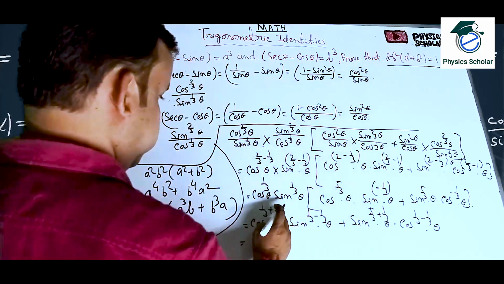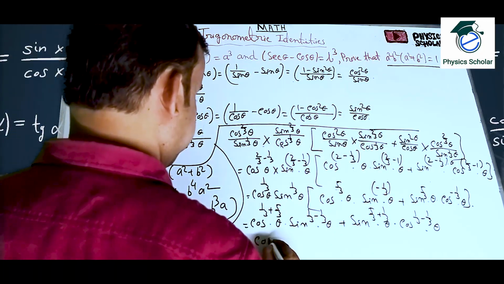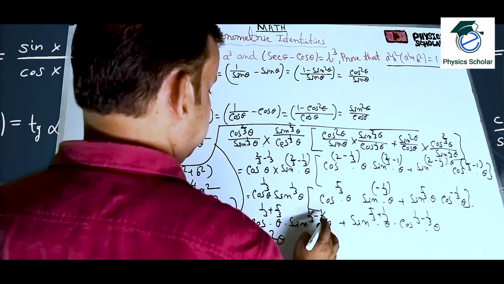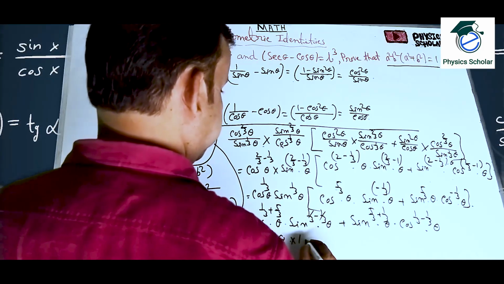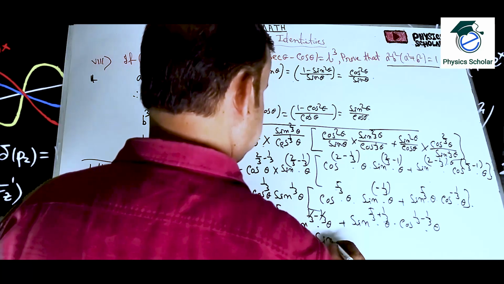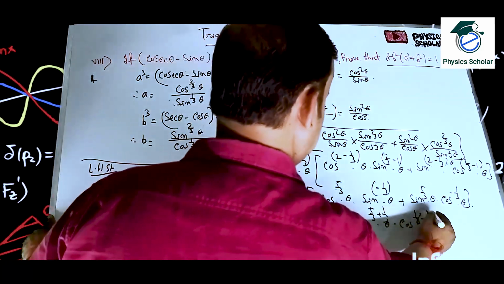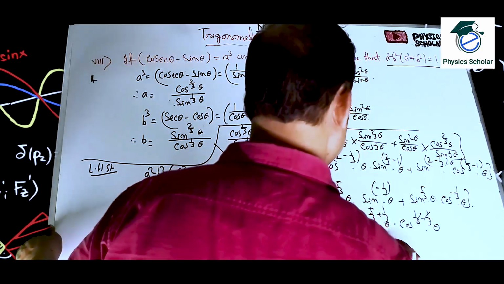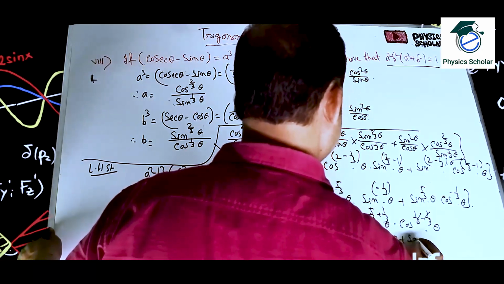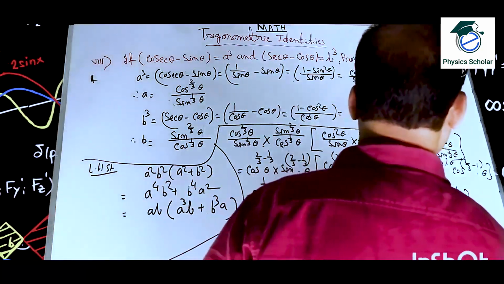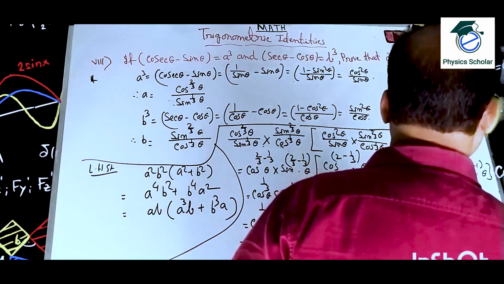So it is cos² θ, and sin to the power 0 means 1, plus sin² θ, and cos to the power 0 means 1. That means cos² θ + sin² θ is equal to 1, which is the RHS.